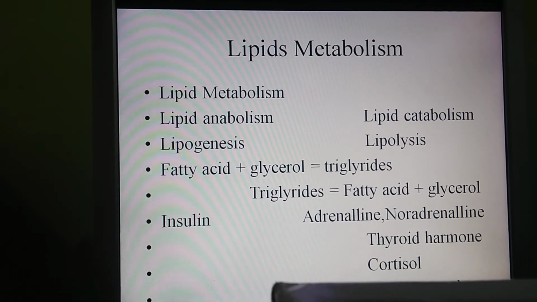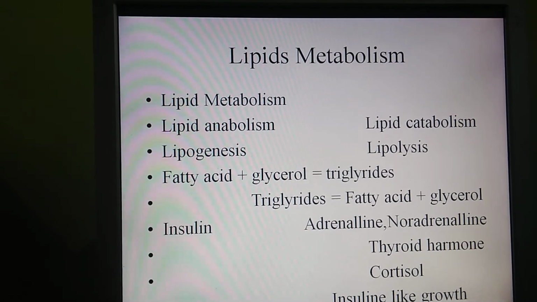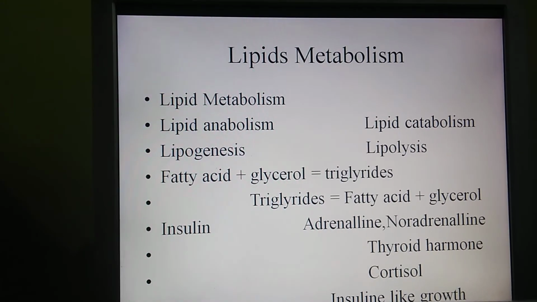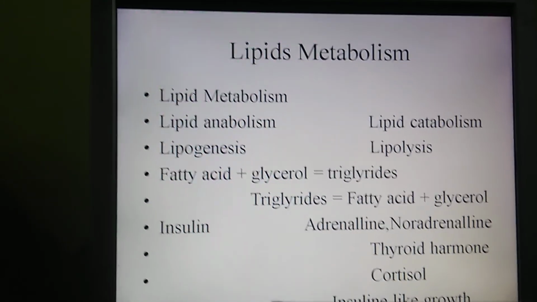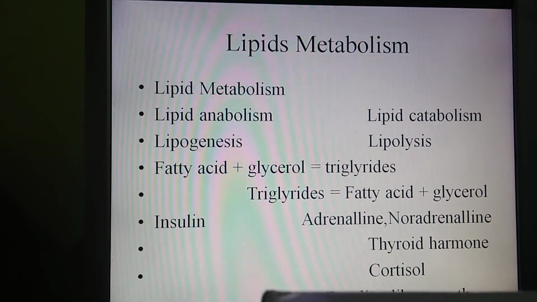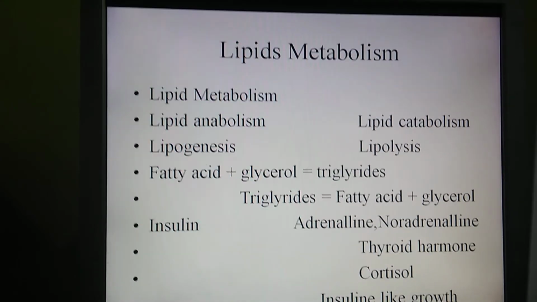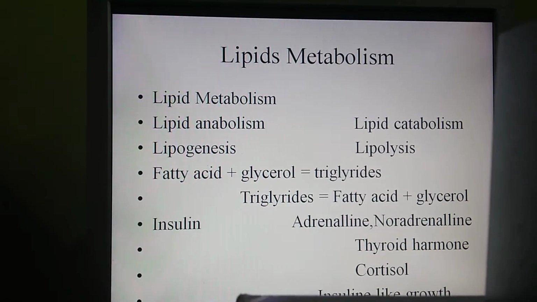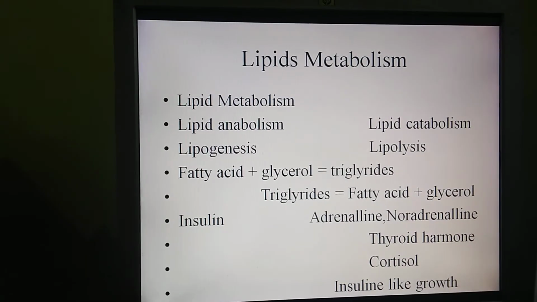Lipid anabolism is also known as lipogenesis and lipid catabolism is also known as lipolysis. In lipogenesis, fatty acid and glycerol come together to form triglycerides. In lipolysis, triglycerides are split into fatty acid and glycerol.